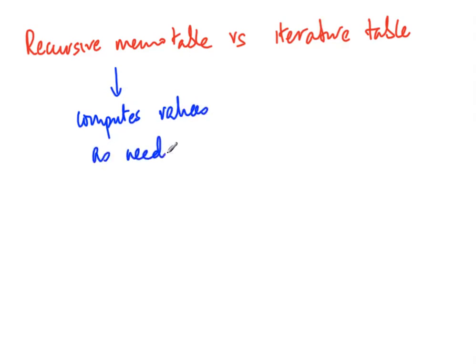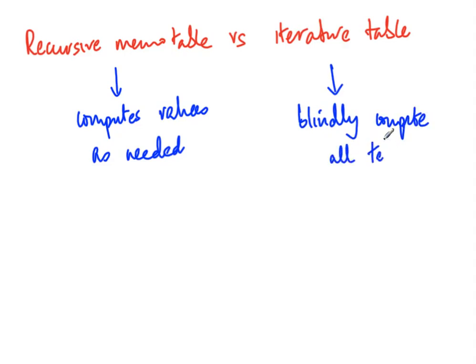In some situations, there may be some subproblems which are never actually reachable from the original problem, and in such situations, you would not need to compute those values at all. So the recursive memo table is more optimal in terms of which entries it computes. On the other hand, if you do it iteratively, you blindly compute all table entries. So there is some wasted effort potentially.